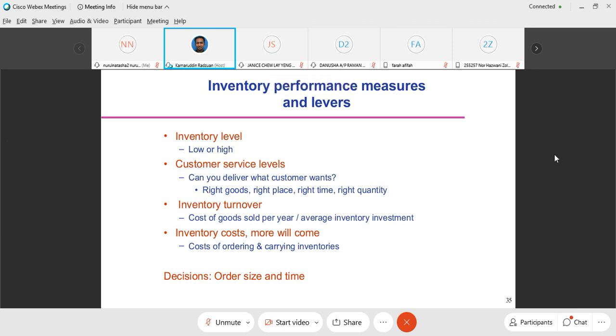We can also review the inventory cost, especially the cost of ordering and carrying inventory. So, to have a good performance result, we need to decide the order size and the right time to place the order.